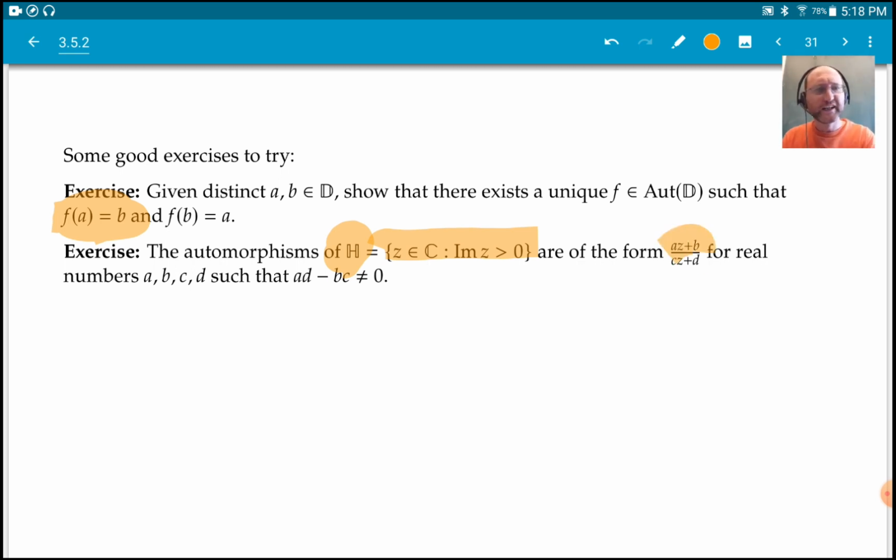For example, the upper half plane is really a different model for the disk. It looks like this, where all of these coefficients are real numbers.